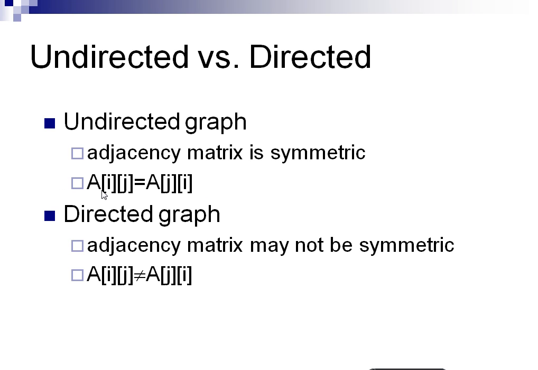See here, for a particular index in the adjacency matrix, A of ij is equal to A of ji, since it is not having any direction, so it is the same. Whereas in case of a directed graph, the adjacency matrix is not symmetric. See, A of ij is not equal to A of ji.